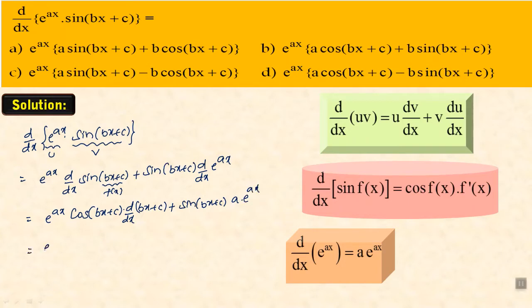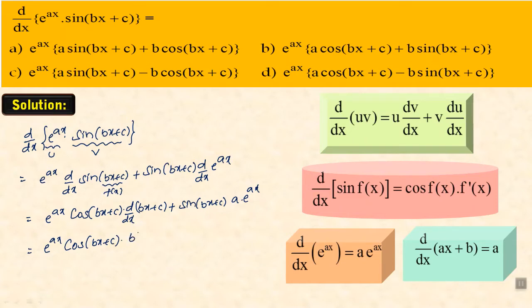This equals to e power ax into cos of bx plus c into d by dx of bx plus c. D by dx of bx plus c is equals to b. So here b, plus sine of bx plus c into a into e power ax.